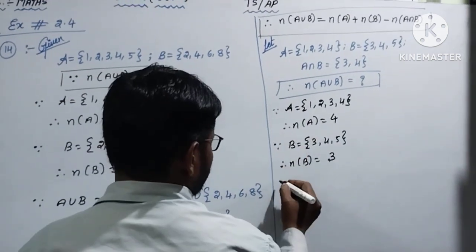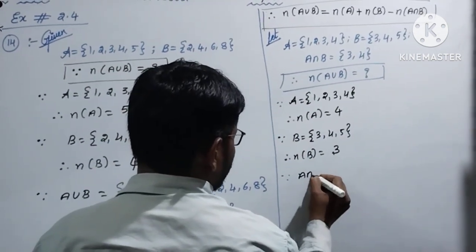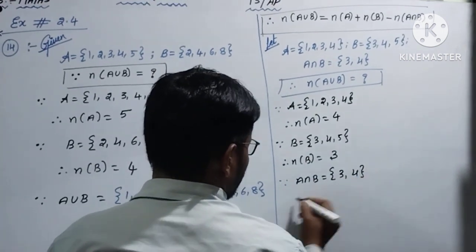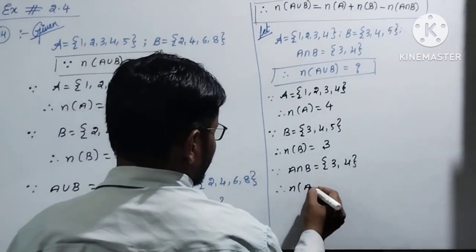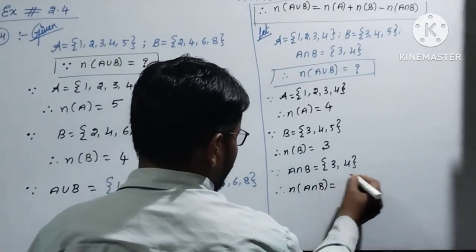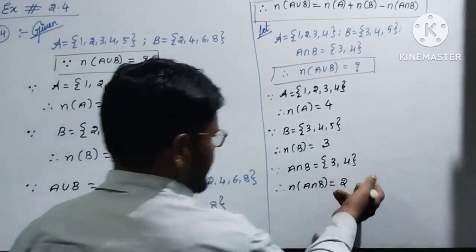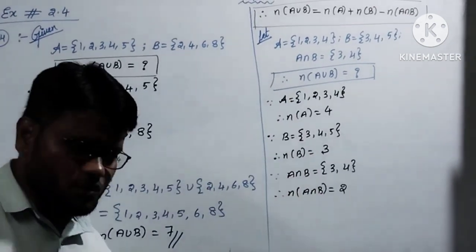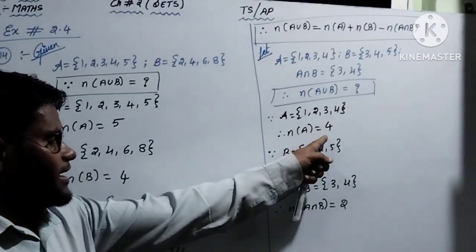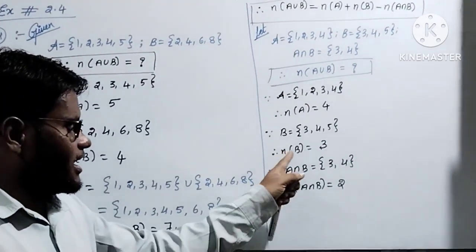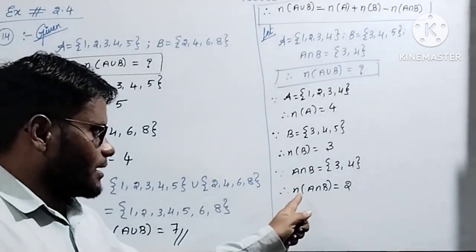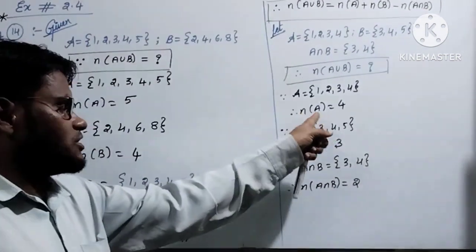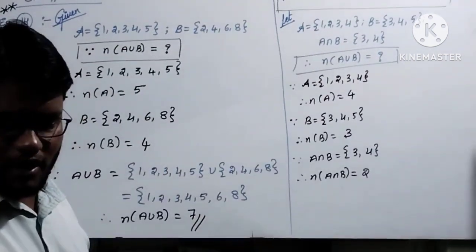The next one, A intersection B contains 3, 4, so n of A intersection B is 2 elements. Any doubts up to here? Now we have n of A as 4, n of B as 3, and n of A intersection B as 2. Substitute these values in the formula.